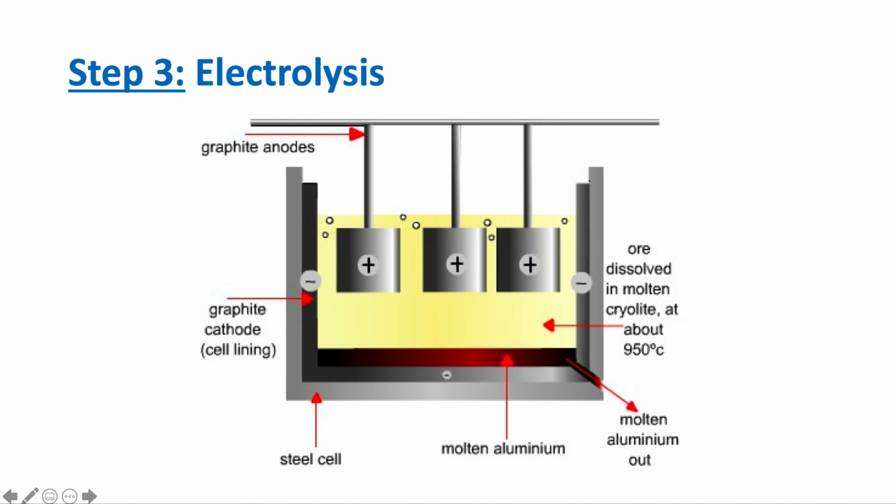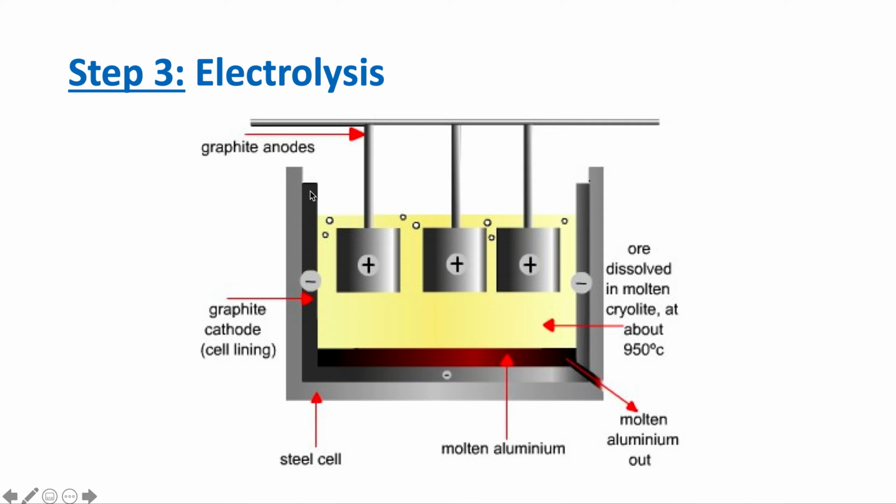Now, let's take a look at the inner workings of the cell and the construction of the cell. So we can see here that we have an outer steel cell, all right, and we have our graphite anodes and a graphite cathode, and we can see that our cathode is basically the lining of the cell.